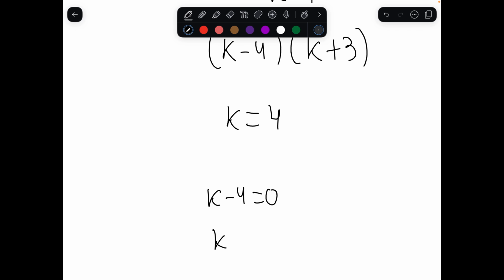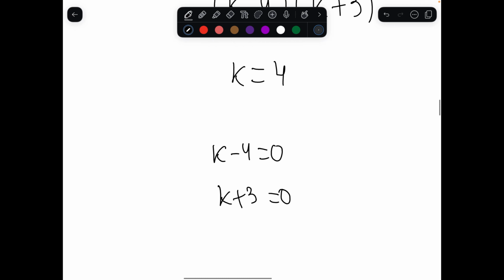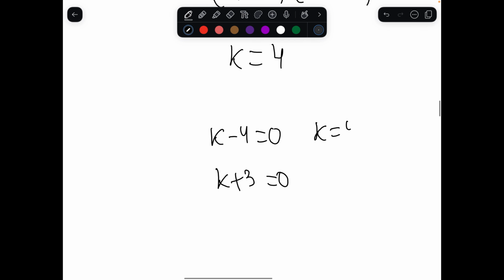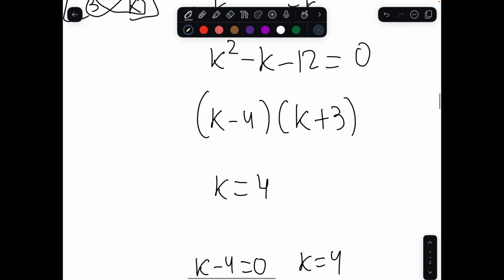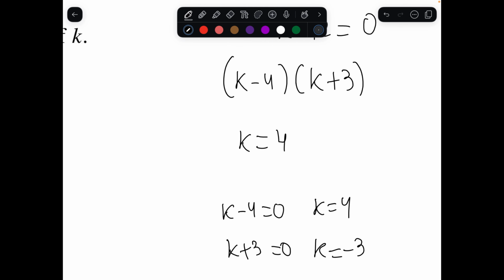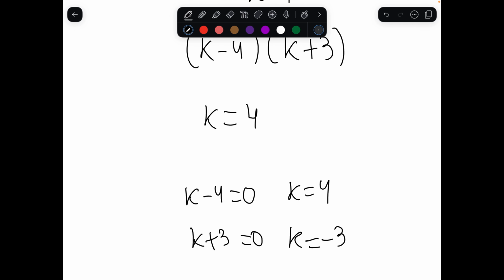This is one of the factors. K plus 3 equal to 0. And if we solve for K, we get K equals 4, K equals -3. These are your factors. And to find the roots, you have to set the factors equal to 0. So K equals 4 and -3.